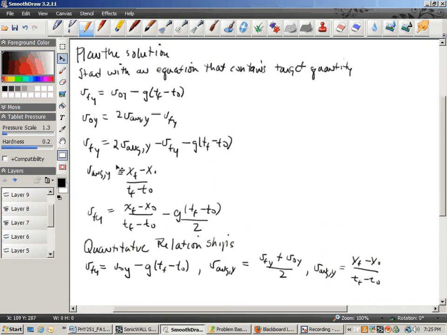Now we also have an equation for the average velocity. So I'm going to substitute it into this quantity, and I have my final equation: the velocity of the diver as he enters the water is equal to the average velocity minus the acceleration of gravity times the change in time divided by 2.